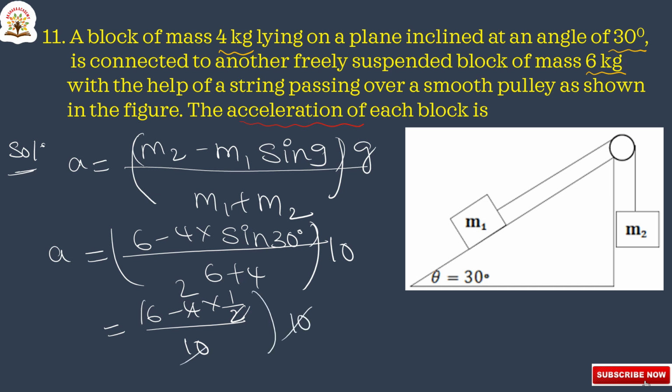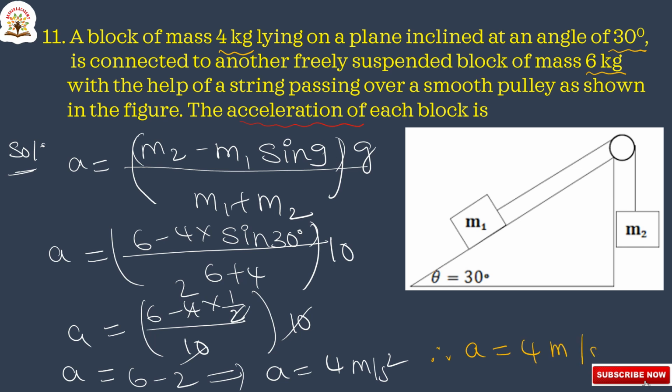The 10s cancel, so finally we are getting 6 minus 2, which is nothing but a is equal to 4 meters per second square. So therefore the acceleration of the block A is 4 meters per second square.